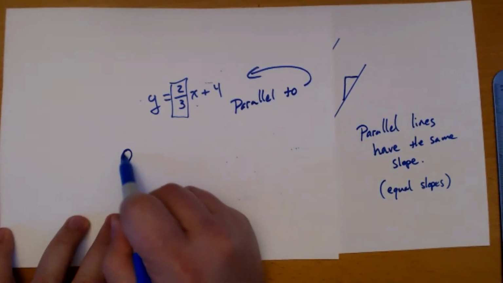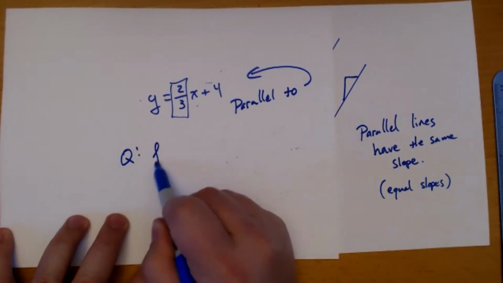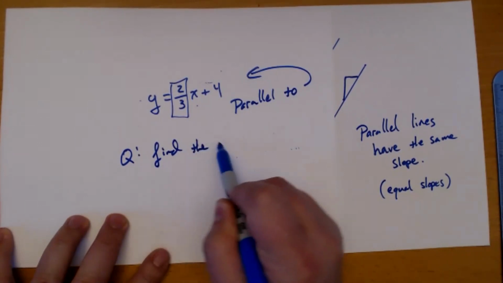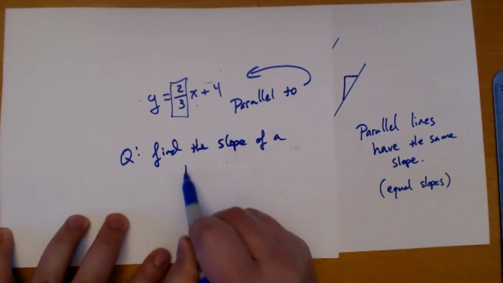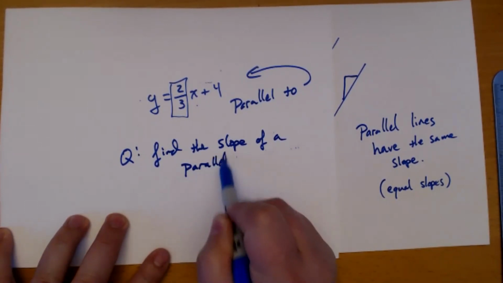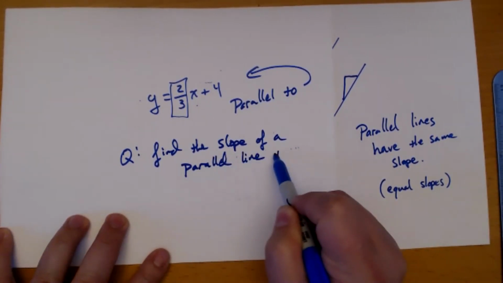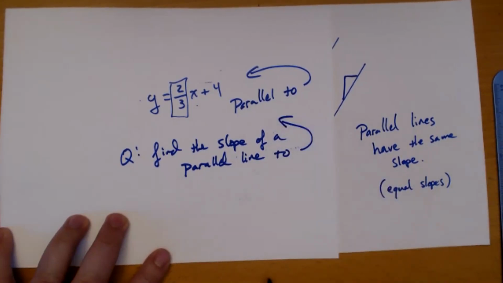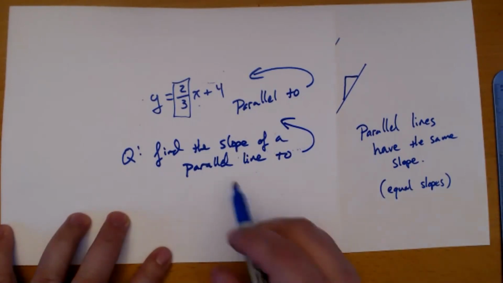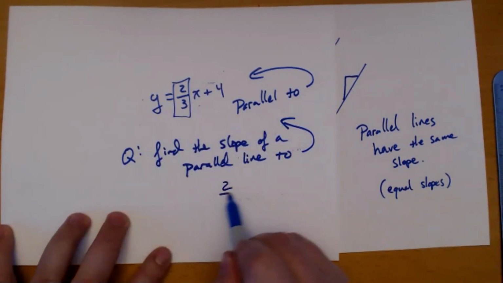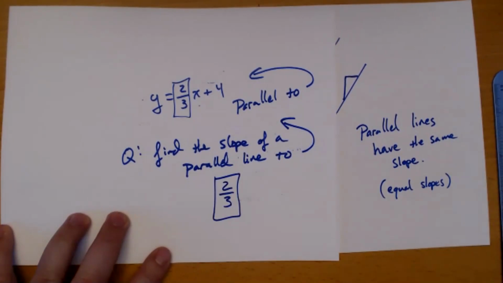So if the question asks, find the slope of a parallel line to that one, what would your answer be? Right, you just grab the slope because they're the same number. That's your answer.